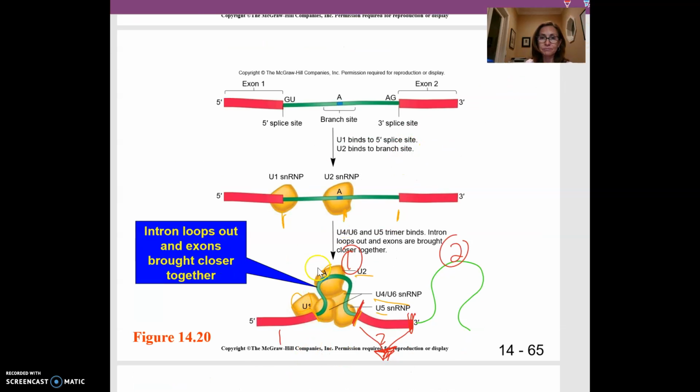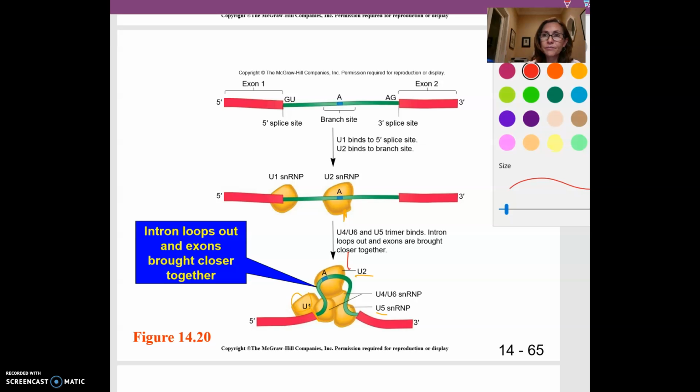So what we have here is a situation where exon number 1 and exon number 2 need to be glued together. Different SNRPs are going to bind to different segments of our branch points.